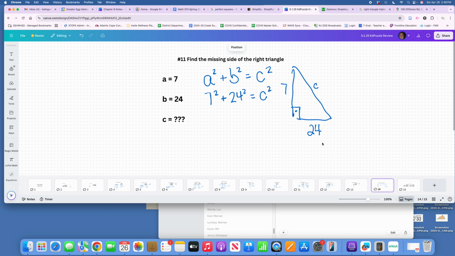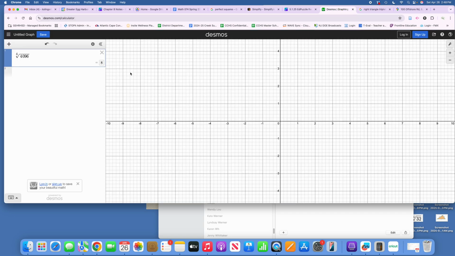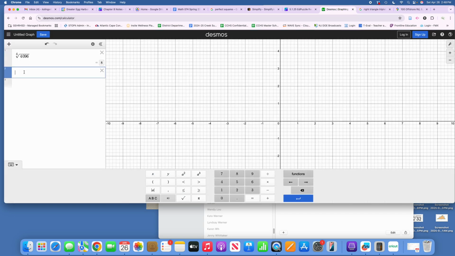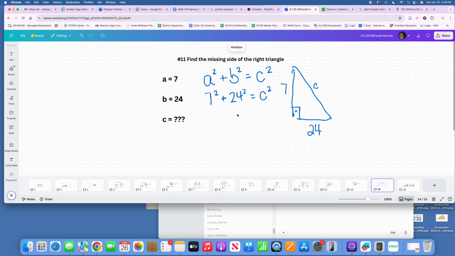Okay, so now I'm going to switch over to Desmos and do 7 squared plus 24 squared. And I get 625. Okay, so that means that 625 is equal to C squared.